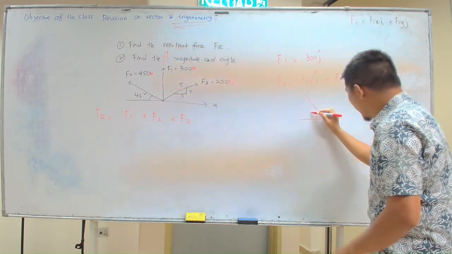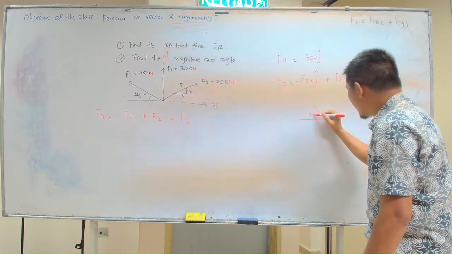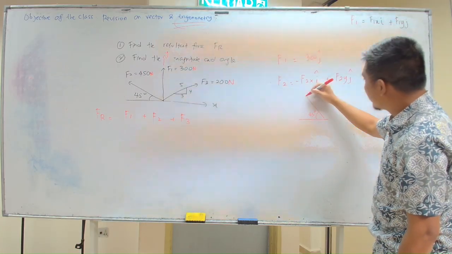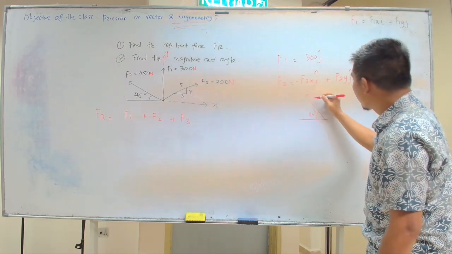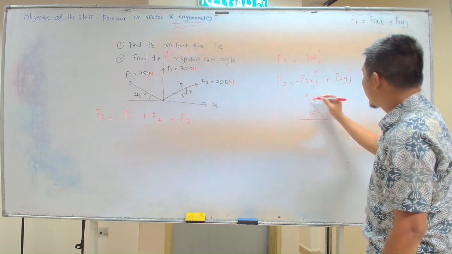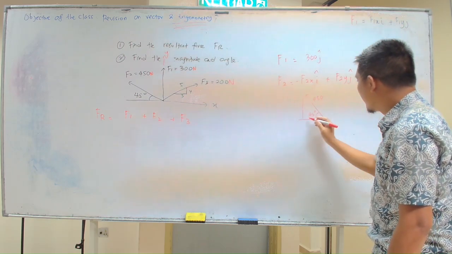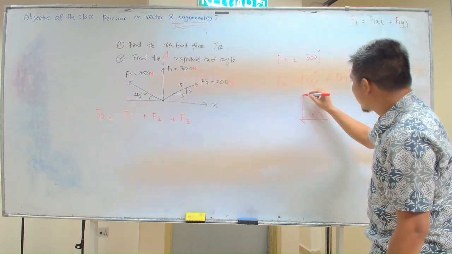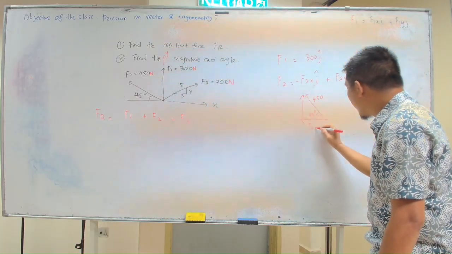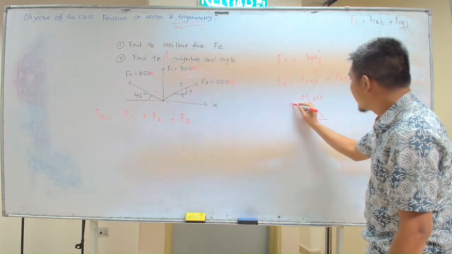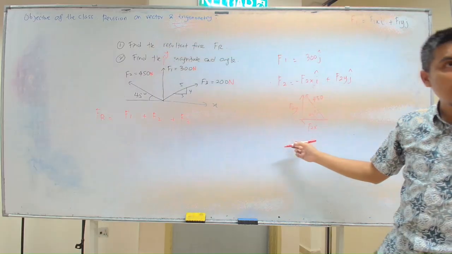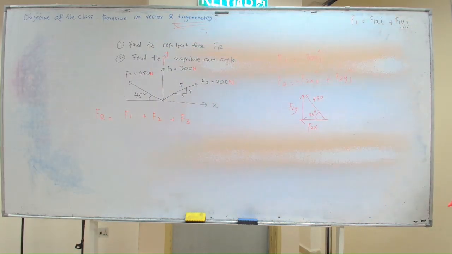What is this angle here? 45. What is the value here? 450. So now you want to find F2x and you want to find F2y. Is it correct? Yeah.